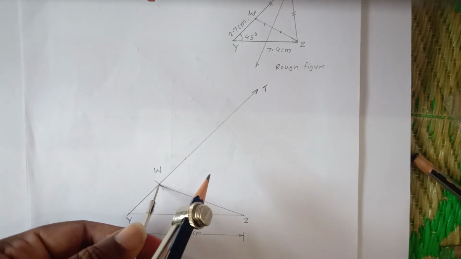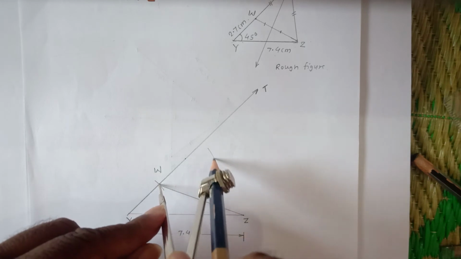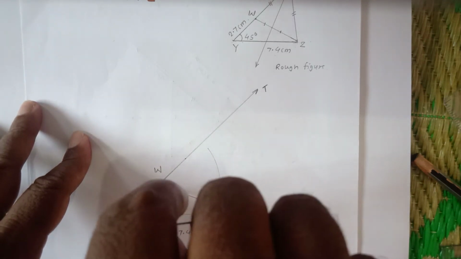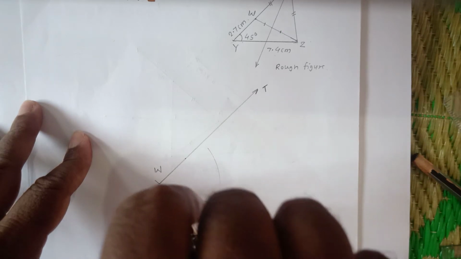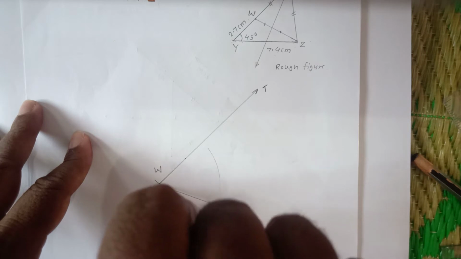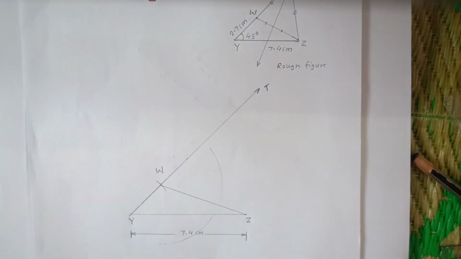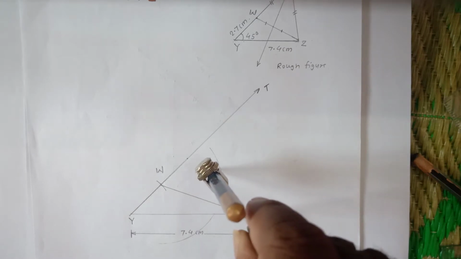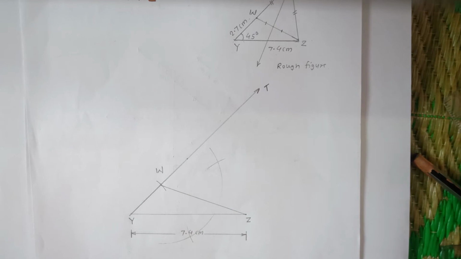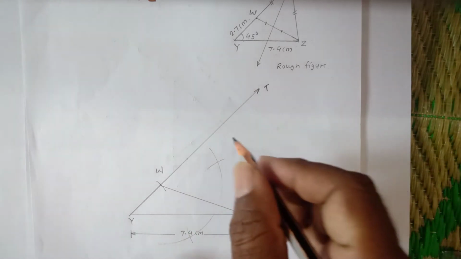Draw the arc on both sides of this WZ. Now put compass on point Z and draw two more arcs on the opposite side of segment WZ.